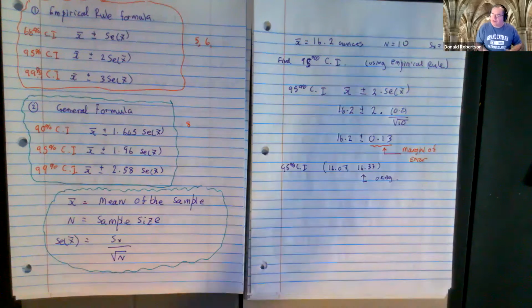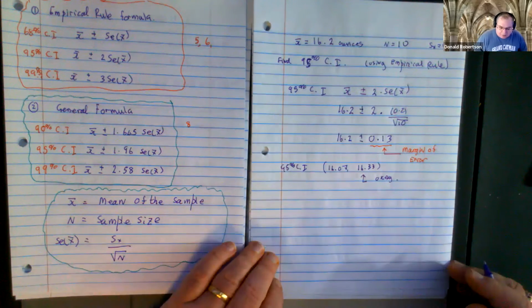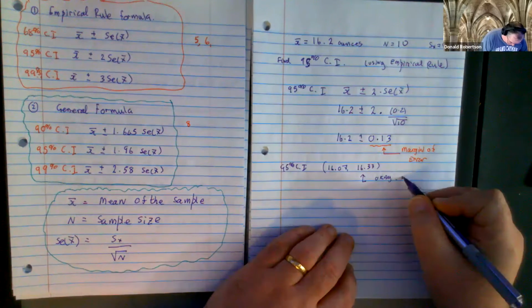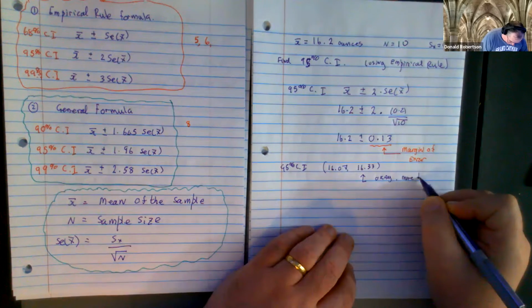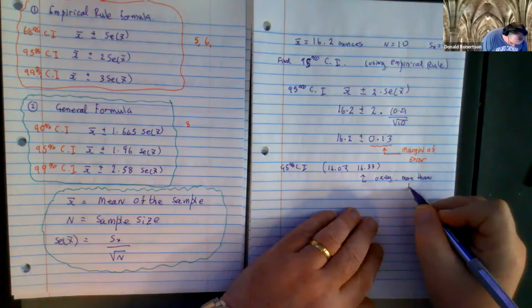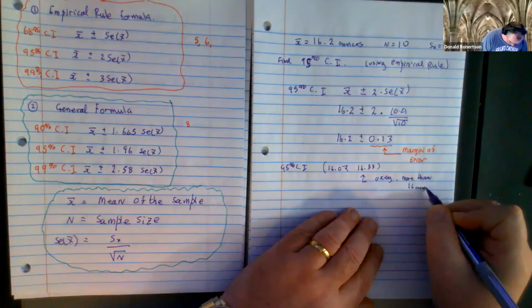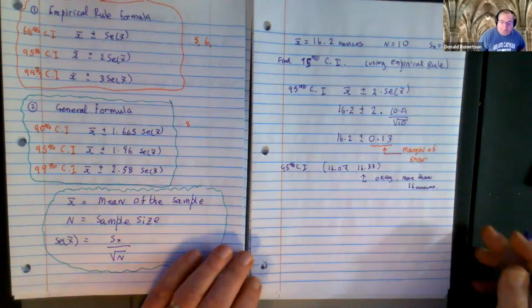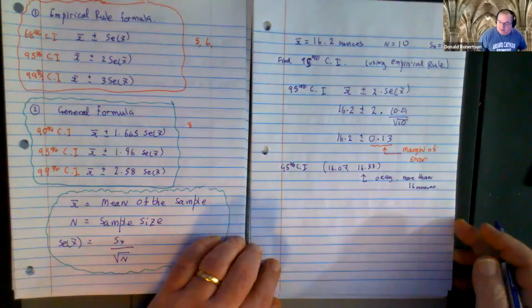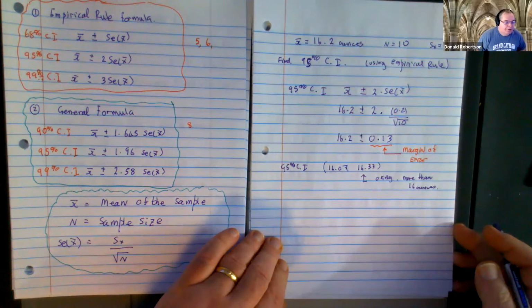That's just too inconsistent. So that would be counted as definitely okay. You could say with a fair degree of certainty that there's more than 16 ounces in a typical bag. And that would be an example of using the empirical rule.